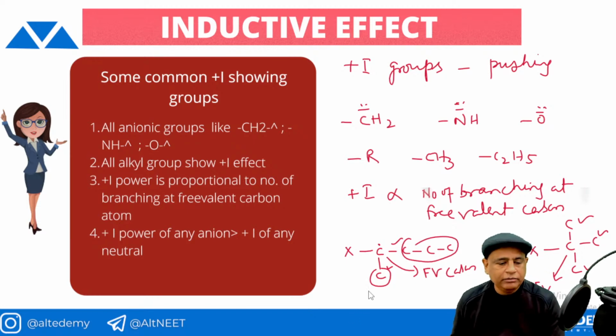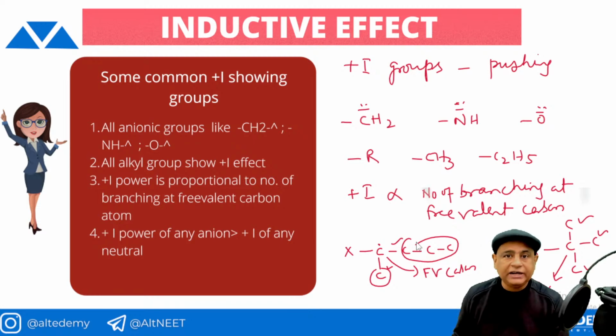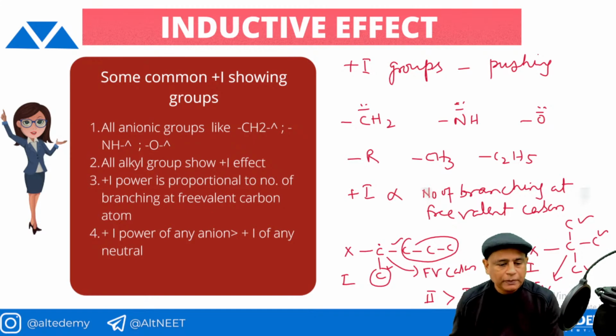You should always bear in mind, it is immaterial what the number of carbon present is, that is not counted in the beginning. Number of branches are counted. Plus I power is proportional to the number of branching at the free valent carbon atom. You can easily say, if this is compound number 2 and compound number 1, then the inductive effect observed in compound number 2 will be greater than in compound number 1, even if the number of carbon chains is different.